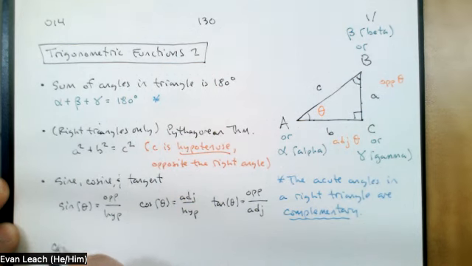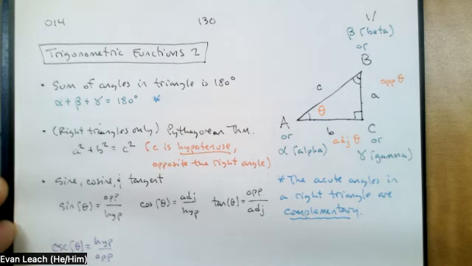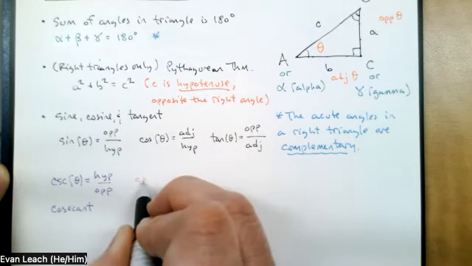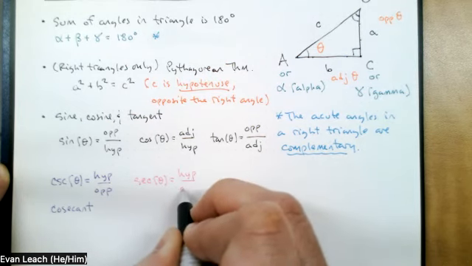But cosecant, abbreviated CSC, is hypotenuse over opposite. Notice that cosecant is just the reciprocal of sine, and it's abbreviated CSC for cosecant. Secant, abbreviated SEC, is hypotenuse over adjacent.